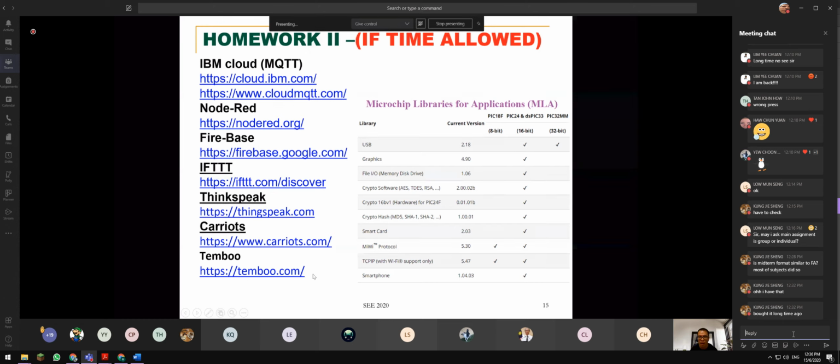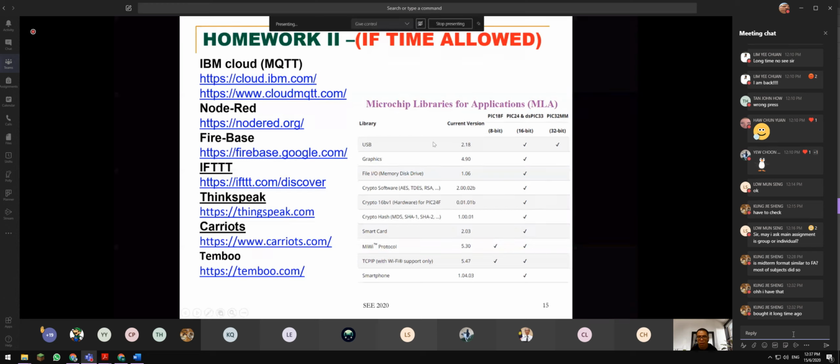However, you can also download the MLA, Microchip Libraries for Applications. If you realize, nowadays embedded devices like the ESP32 already come with lots of libraries. When there's a library, it makes the developer's life easy. That's why a lot of students, even you guys, like Arduino Uno so much.